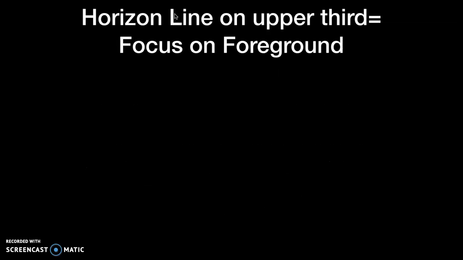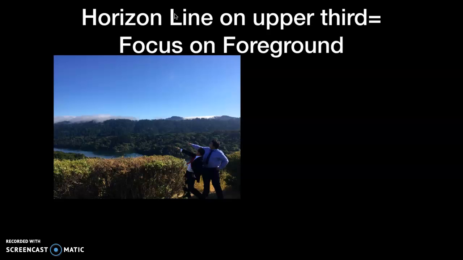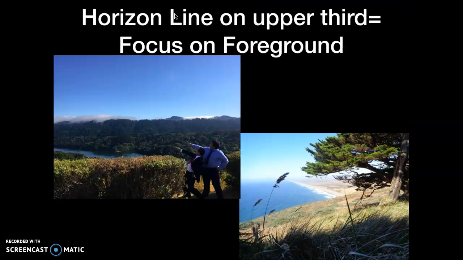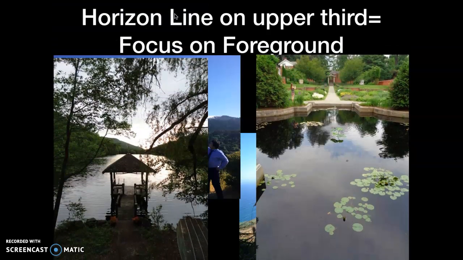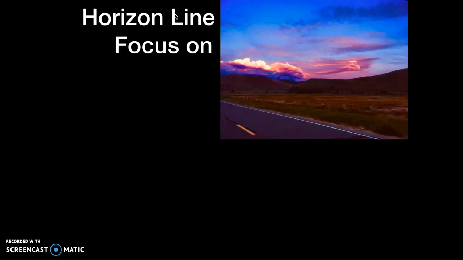So, some examples. When you put your horizon line on the upper third, the focus is on the foreground. Okay, now we're going to move on to the horizon line on the lower third, which puts the focus on the background.